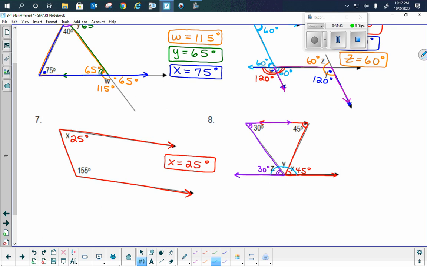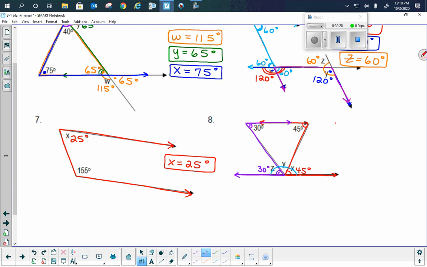That's the same thing you would get if you were using that triangle to your advantage. So either way, you should be getting that y equals 105 degrees.